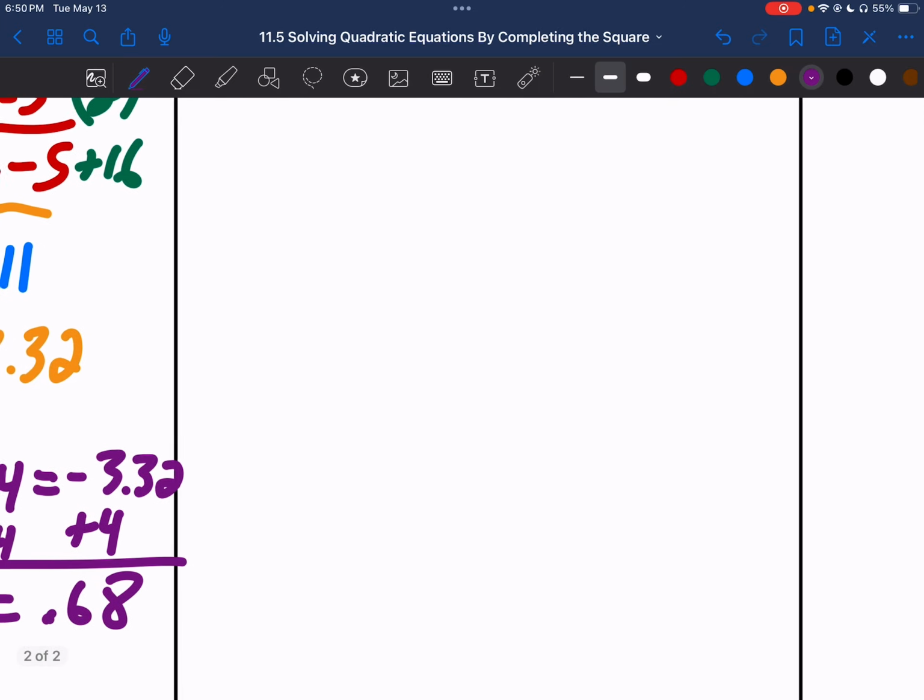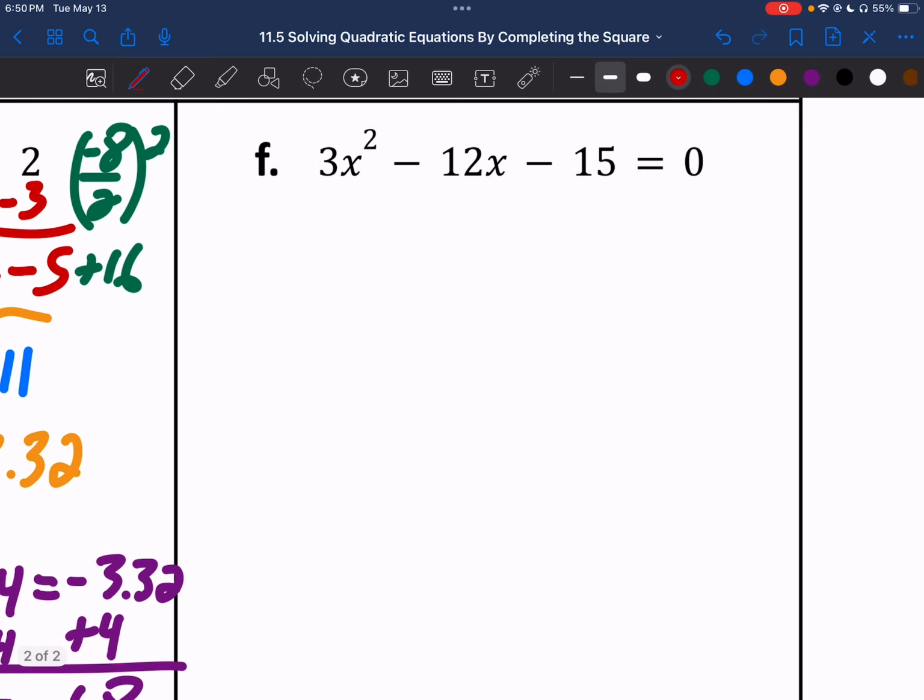Our last one, letter F, we need to start by dividing everything by 3, including the 0. It's important to remember to show that step. That way you remember that you're going to be dividing by 3 there on everything, even if it's not a 0 on the other side.